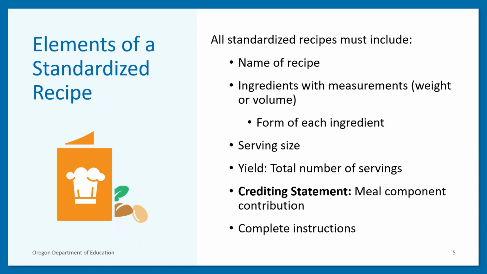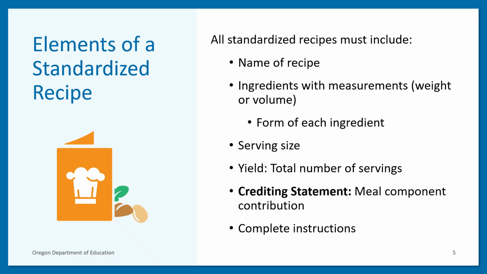There are some elements that must be included in a written standardized recipe. It must include the name of the recipe, the ingredients with measurements. The measurements must be either weight or volume to ensure consistency. You will also want to have the form of each ingredient, for example, whether your meat is raw or cooked, what type of beef you are using, or if the spinach you are using is fresh or frozen.